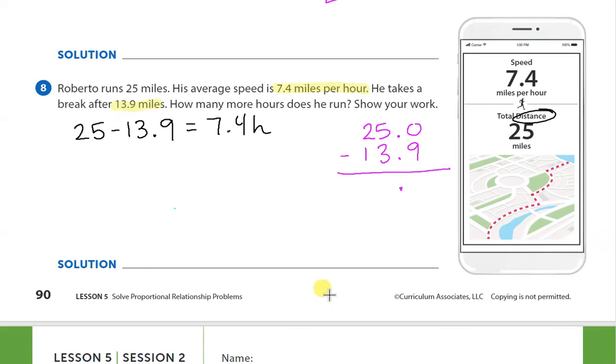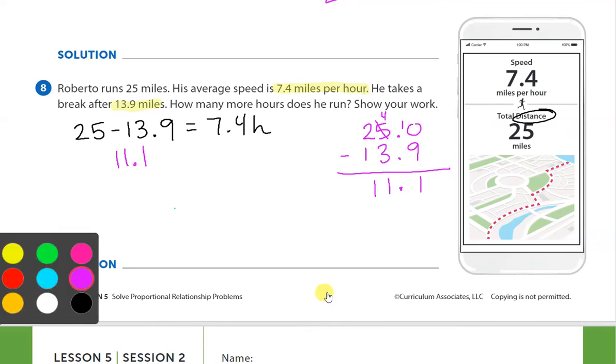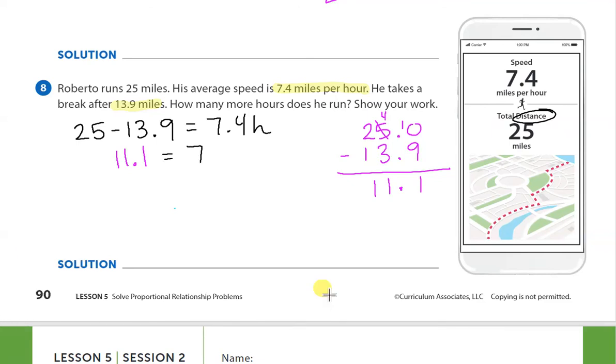This is just 250 minus 139 in my head. So I'm going to regroup here. 10 minus 9 is 1, 4 minus 3 is 1, 2 minus 1 is 1. So he has remaining 11.1 miles to go, and we didn't know how many hours that'll take him at a rate of 7.4 miles per hour.